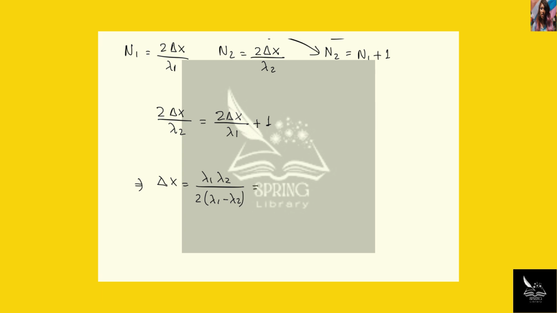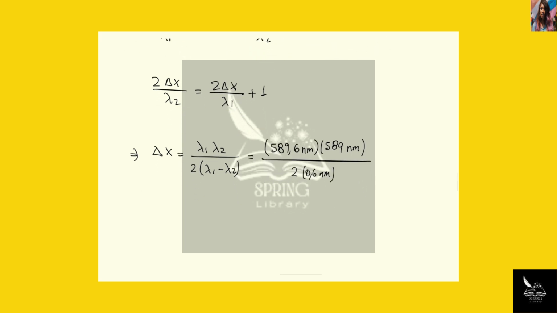So with that, we substitute the values that we are given: the product of the wavelengths, 589.6 nanometers and 589 nanometers, divided by 2 times the difference, so that will be 2 times 0.6 nanometers. From this we obtain that delta x is approximately 2.9 times 10 to the minus 4 meters. So that's the solution for this problem.